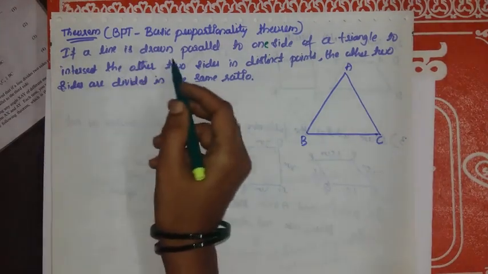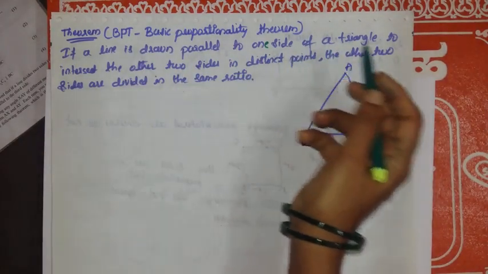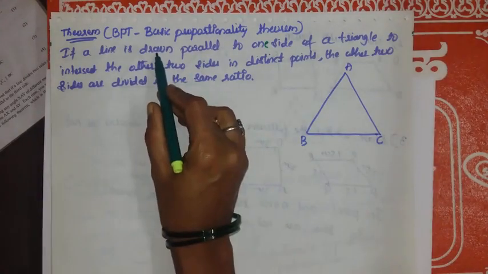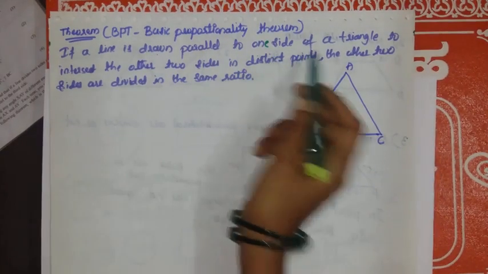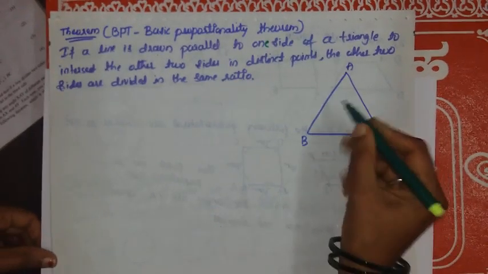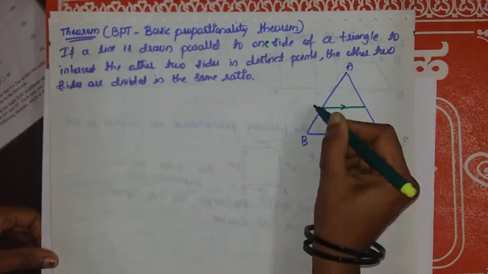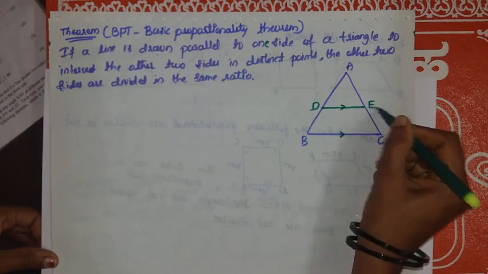If a line is drawn parallel to one side of a triangle, I have taken a triangle ABC and draw a parallel line to one side of the triangle. For BC I draw a parallel line here, so DE is parallel to BC.